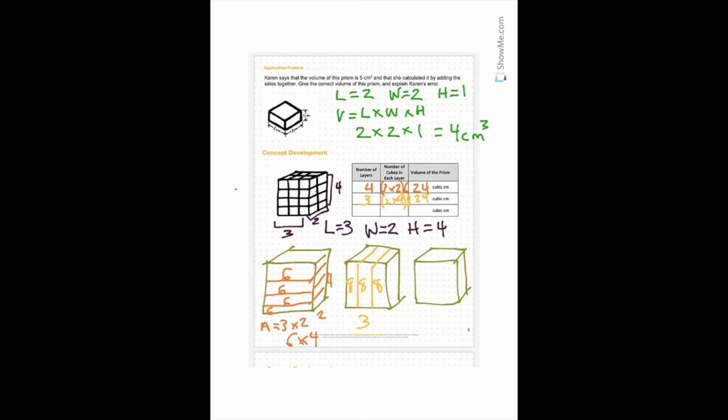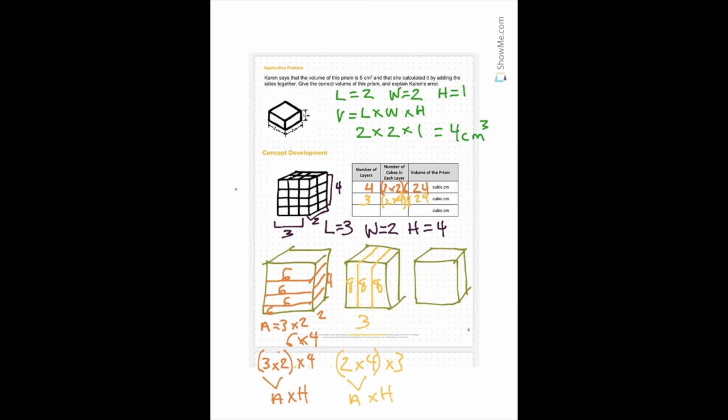Here, right, so really what we said was 3 times 2 times 4. The area times the height. Here, on the one we just did, we said our area was 2 times 4. That's the area. Times our layers, which was 3.